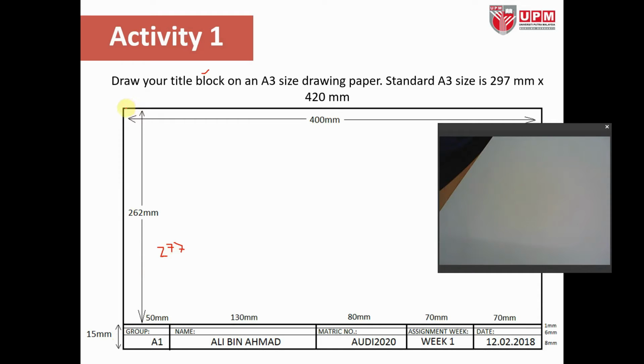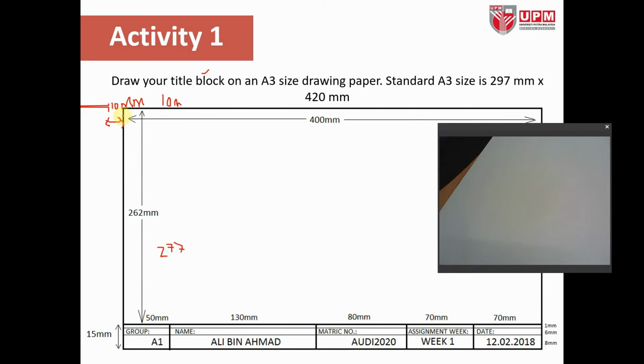If you put this title block on a piece of A3 size paper in the middle, we have a clearance of 10 mm here, 10 mm here, and also 10 mm here.